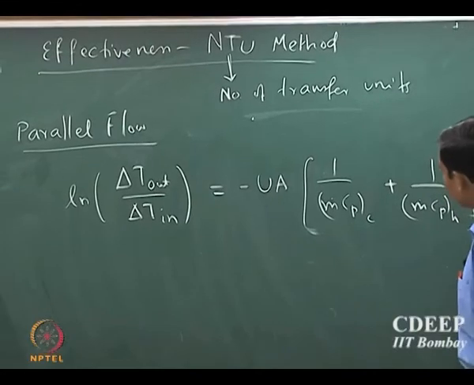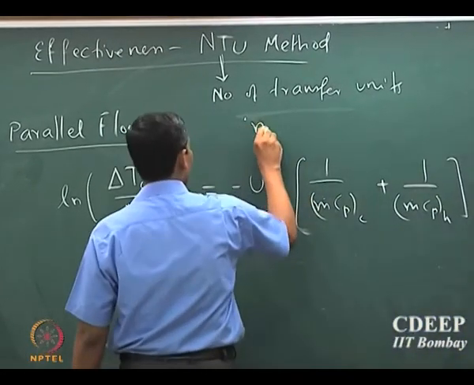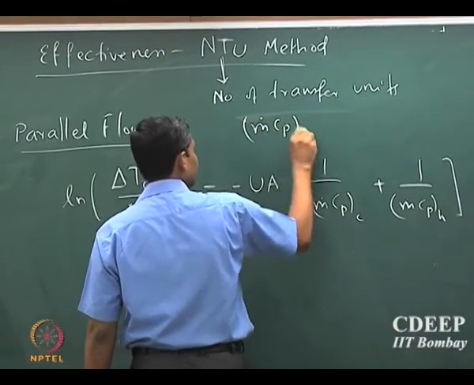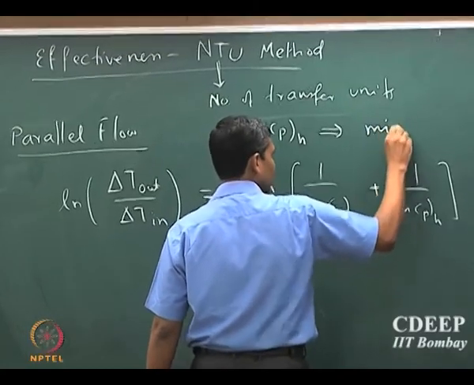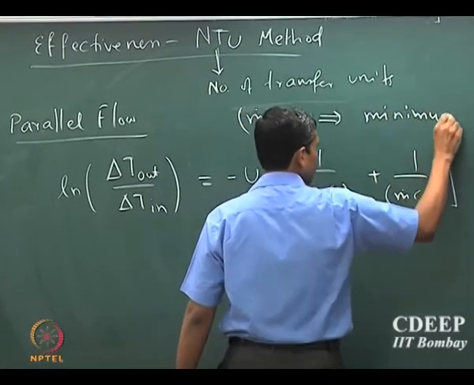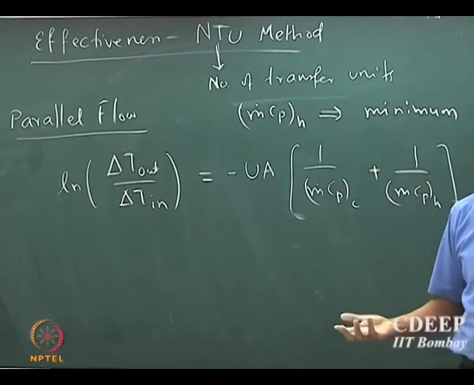Now suppose I assume that m dot Cp of the hot fluid is the minimum, that is, smaller than the m dot Cp of the cold fluid.